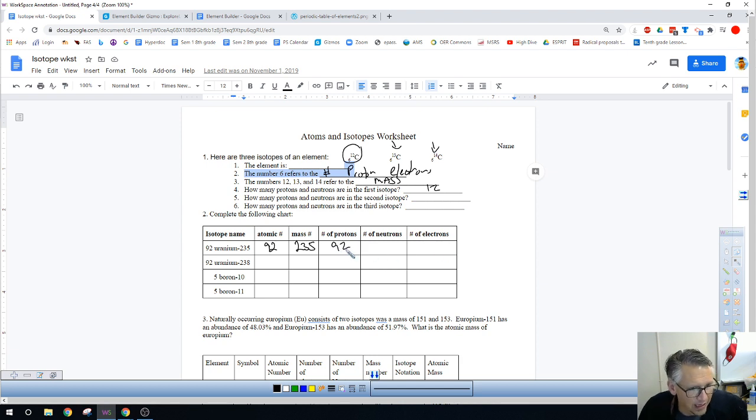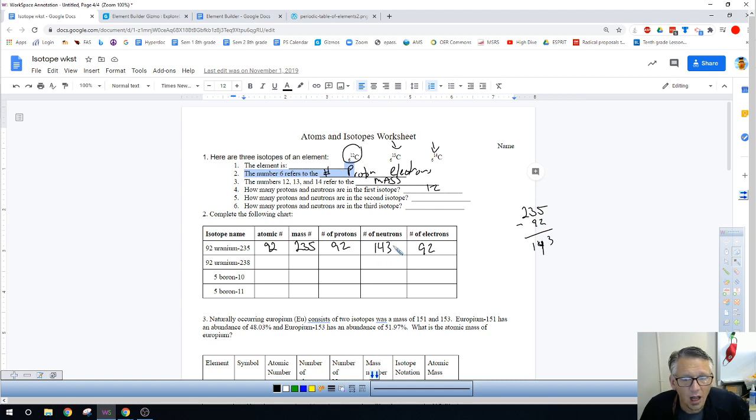If it's a neutral atom with 92 protons, it's going to have 92 electrons. So how many neutrons is it going to have? We have to take 235 minus 92, and remember the calculator is your friend. I just didn't have one handy, and that is supposed to be a 4, by the way. It should be 143 neutrons.